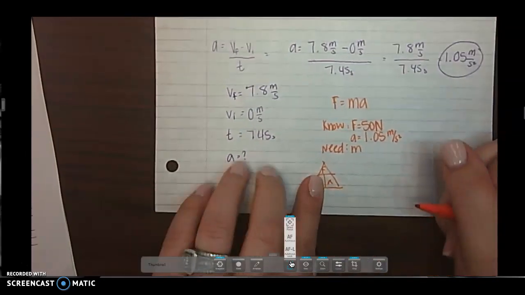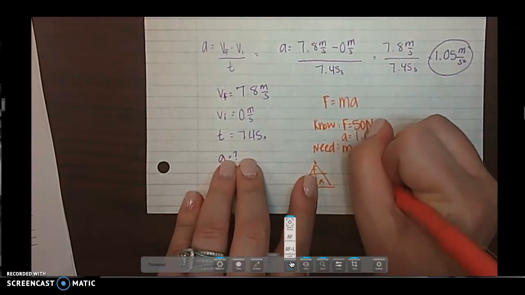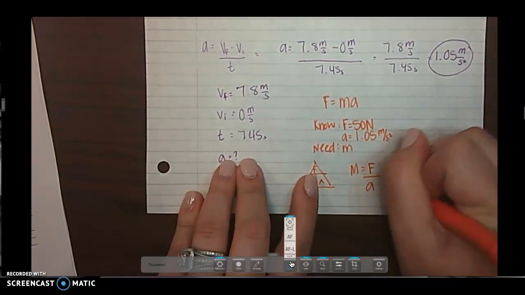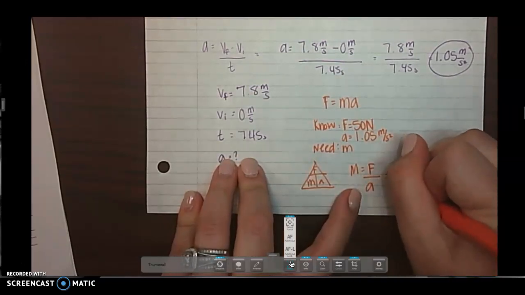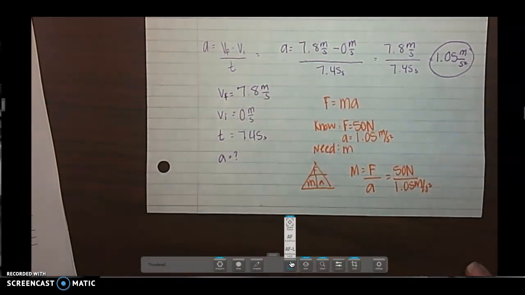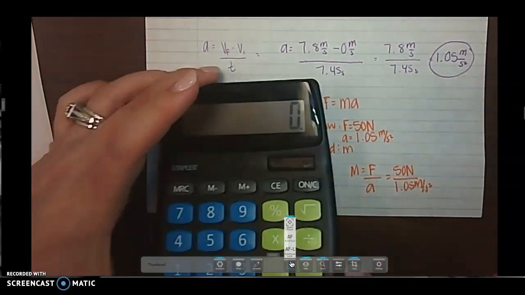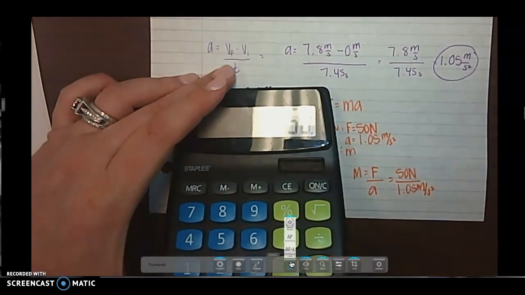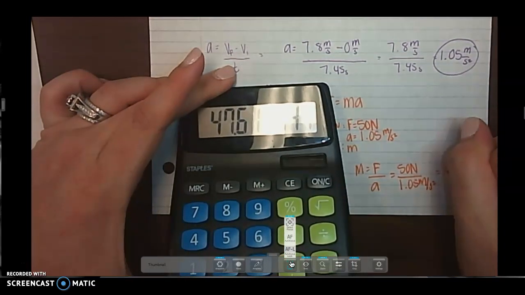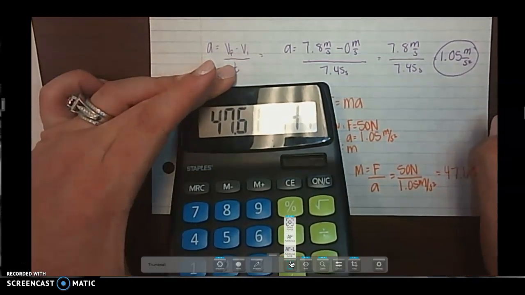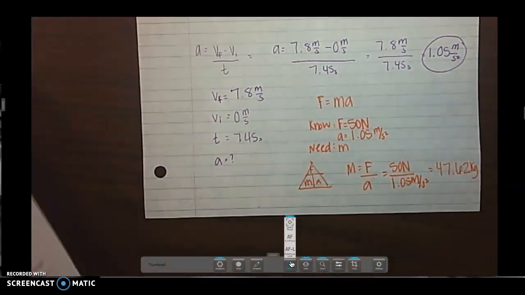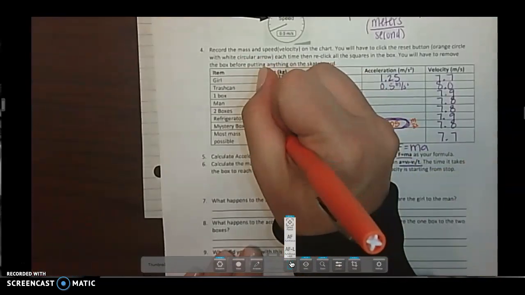We cover mass up, so it gives us mass equals force over acceleration. Our force is 50 newtons over our acceleration, 1.05 meters per second squared. When we do the math for that, we will say 50 divided by 1.05, and we get 47.62 kilograms. So that was our mass for our mystery box.